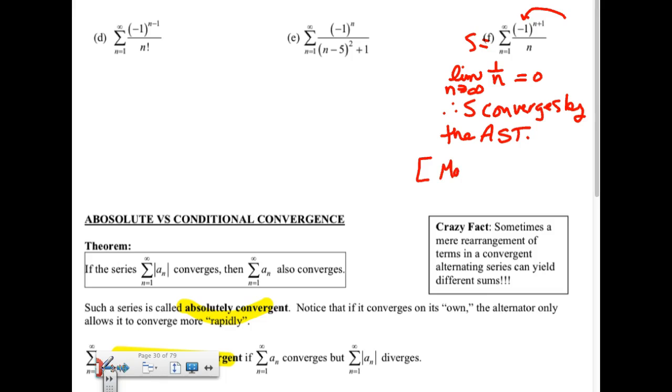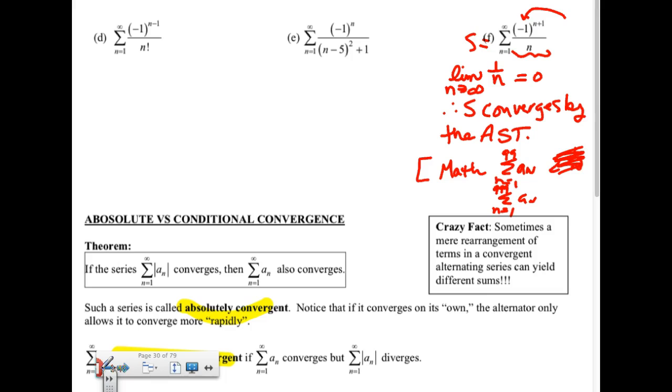If you were to do the sum n equals 1 to, say, 99 of this, I'm going to just call it a sub n, and then n equals 1 to 999 of a sub n, you'll see them being very, very close to each other, because they do converge with that alternator in it. But if you were to remove the alternator and just do 1 over n, we already have shown that that actually diverges.